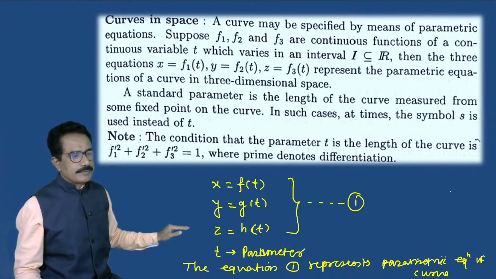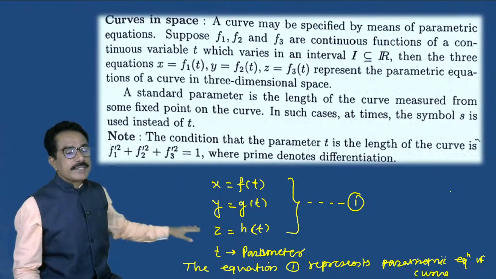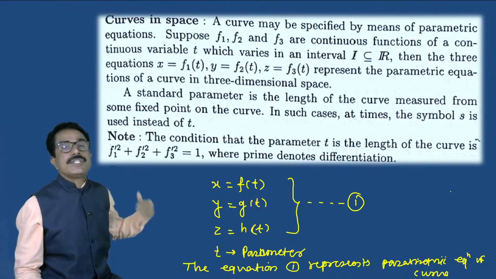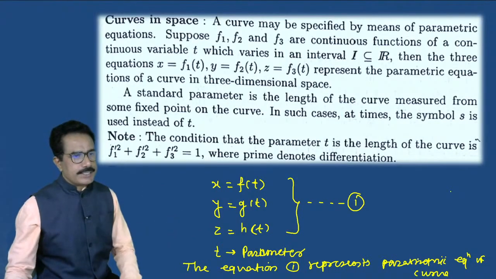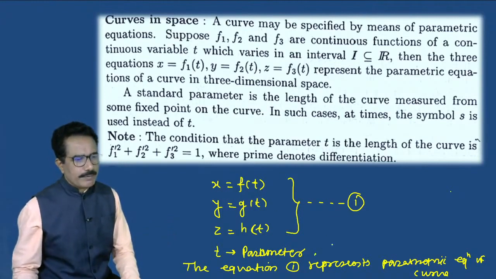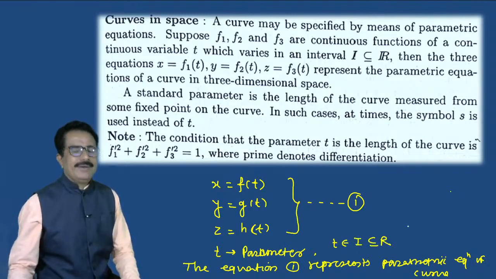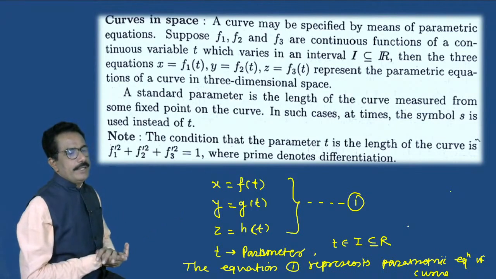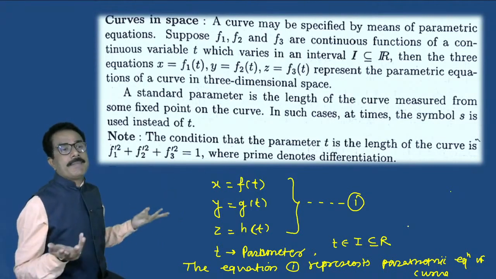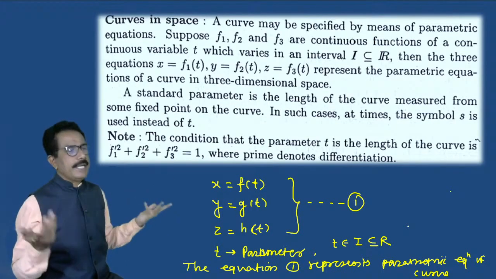Here t is called a parameter which belongs to an interval I, which is a subset of R, the set of real numbers. Okay. So this equation 1 is called the parametric equation of the curve in 3-dimensional geometry.